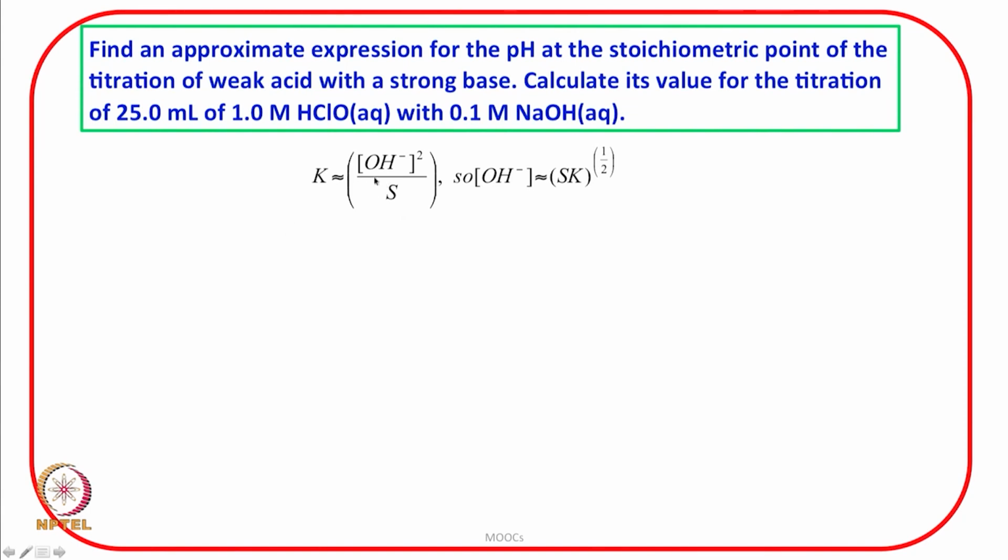And from this I can get OH minus equal to S into K square root, from this equation.